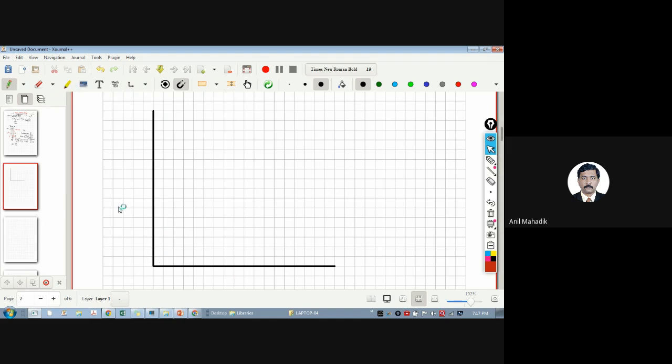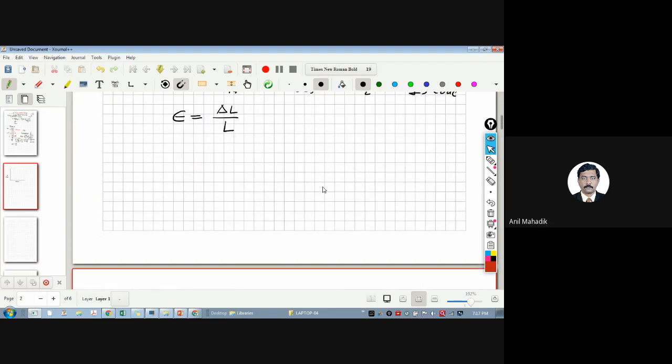Let's say this is sigma, that is the stress here, and we are plotting the strain here. So it is strain on this axis and stress on the other. As we are increasing the force, stress will increase and the strain will also increase, right?